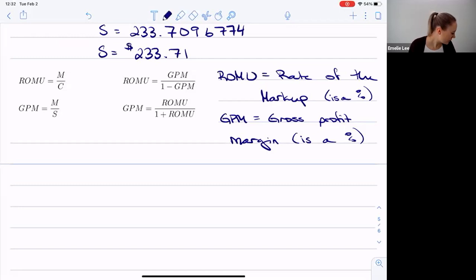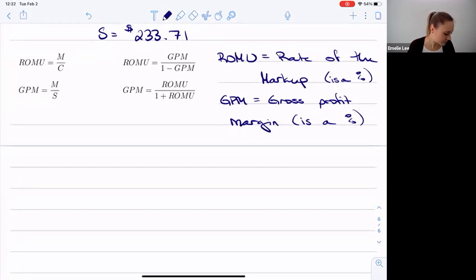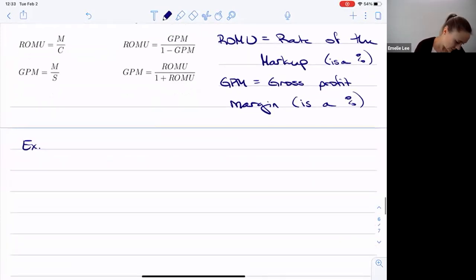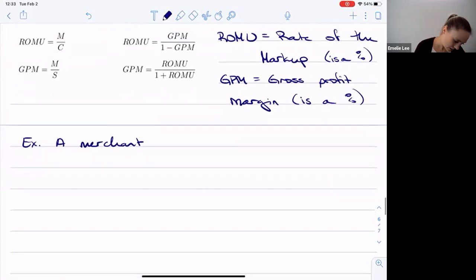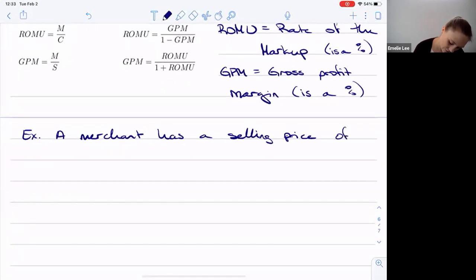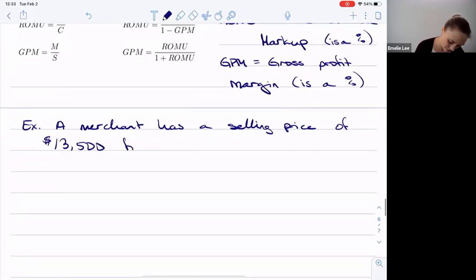Okay, so let's just do a little example. A merchant has a selling price of $13,500 for a small boat.